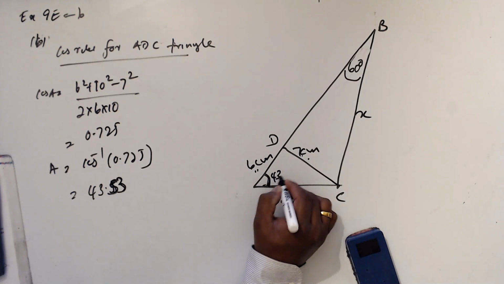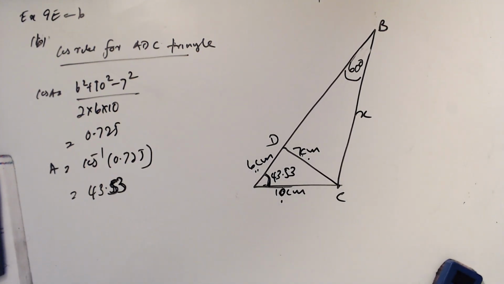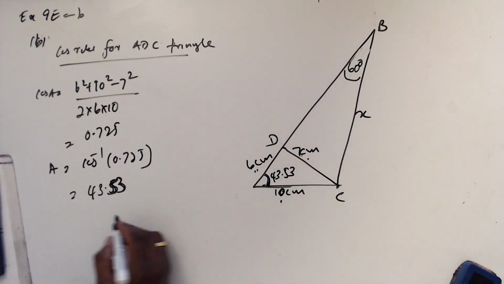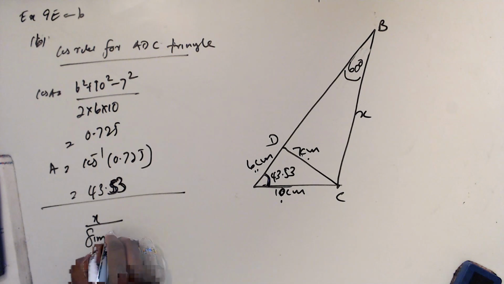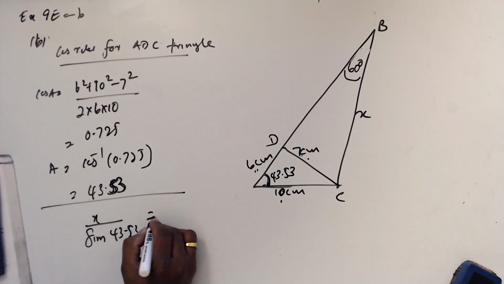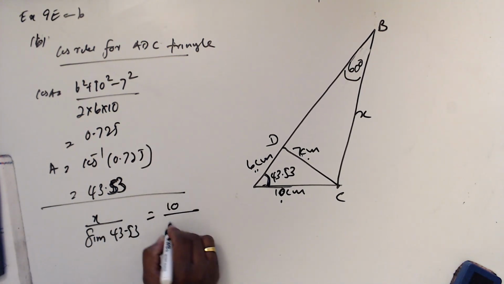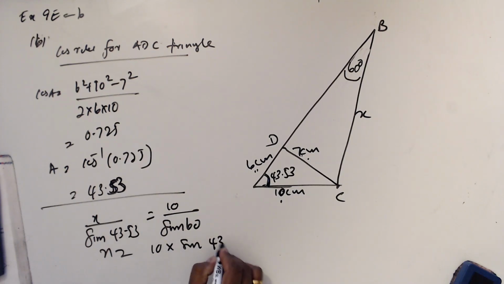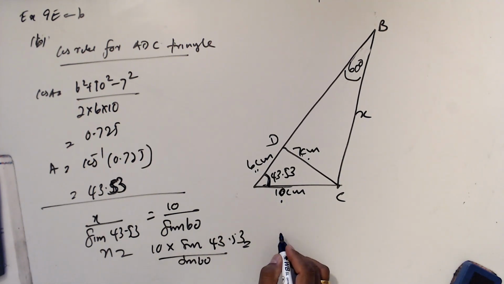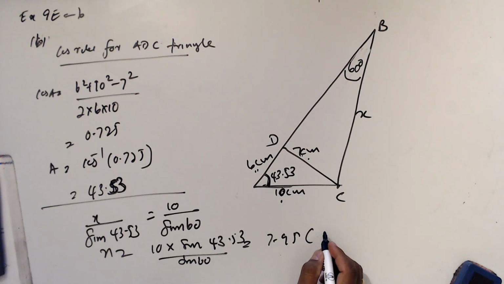So this is 43.53. Now we can put sine rule. x over sine 43.53 equals 10 over sine 60. x equals 10 times sine 43.53 divided by sine 60, which is 7.95 centimeters.